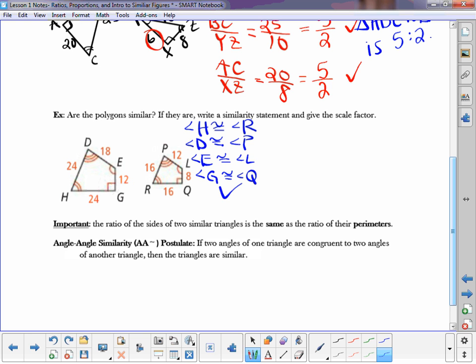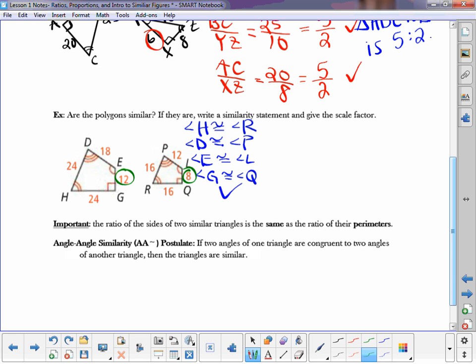Now we do have to check each set of sides. They did not tell us that they're similar, so that's what we're checking. And here, this is where you want to match up small with small, medium with medium, big with big. But you must state what sides you are working with. So what's my smallest value on the left? 12. And what's my smallest value on the right? 8.